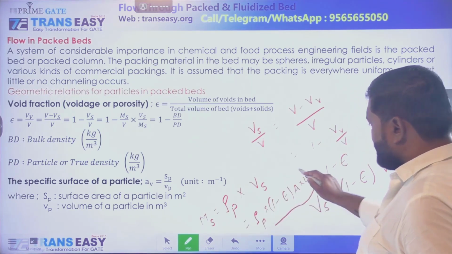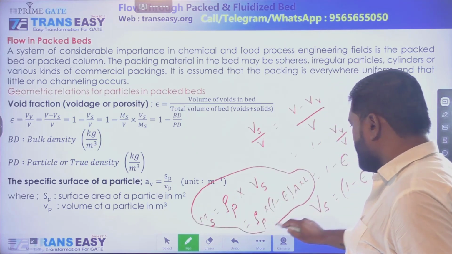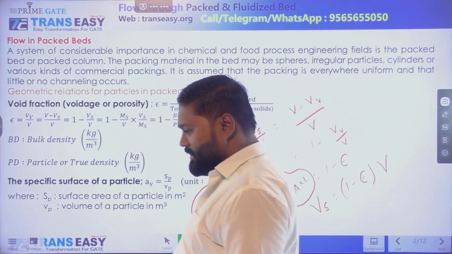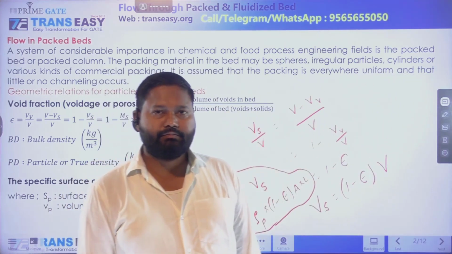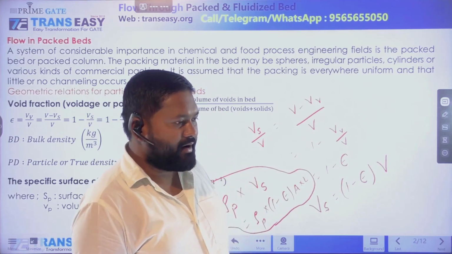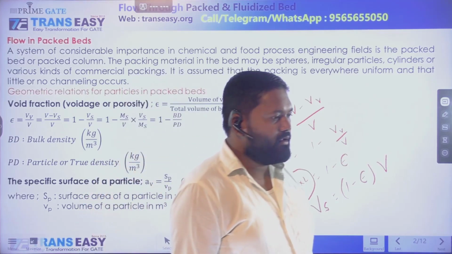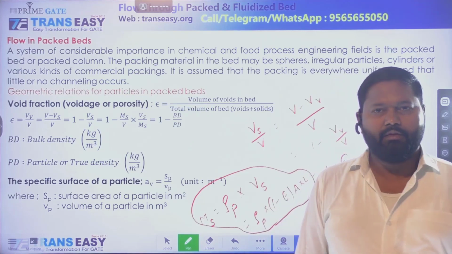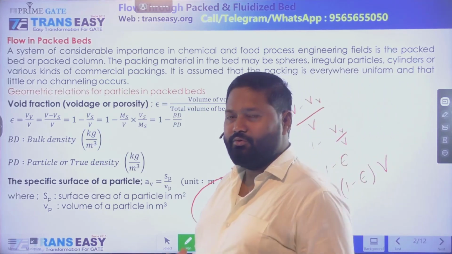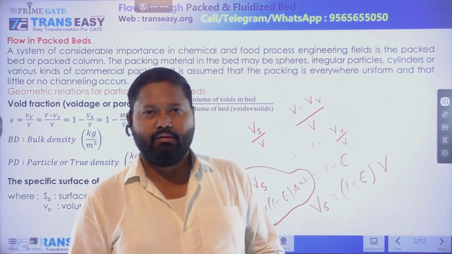So guys, this is a very useful formula to calculate the mass of the solid particles in the packed bed: density of the solid particle, 1 minus epsilon, cross-sectional area into height of the bed.